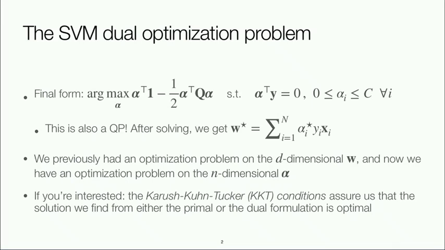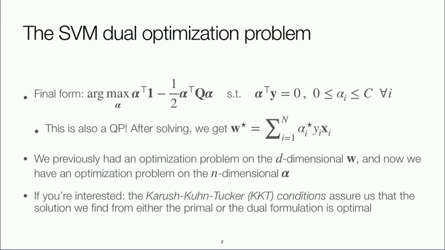These conditions are satisfied for the SVM formulation that we found. Therefore, we can be assured that what we're getting out of this problem is the optimal set of parameters that we could ask for. But I'm not going to go into any of the mathematical details behind that because I don't think it's interesting.